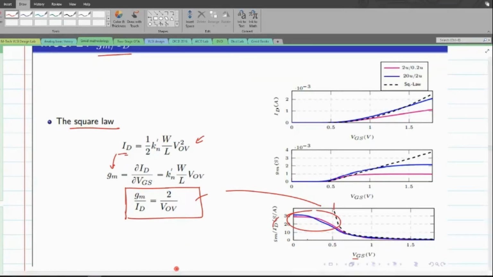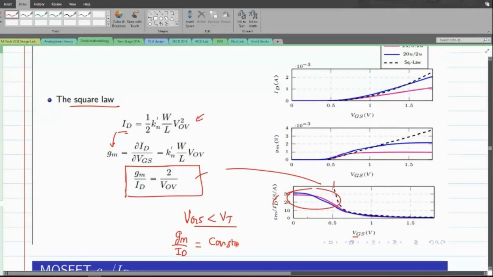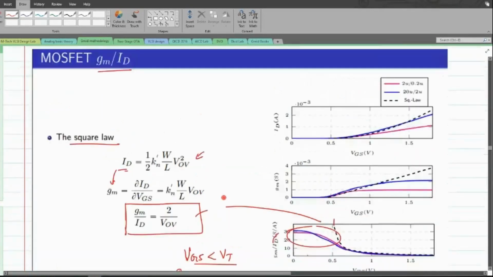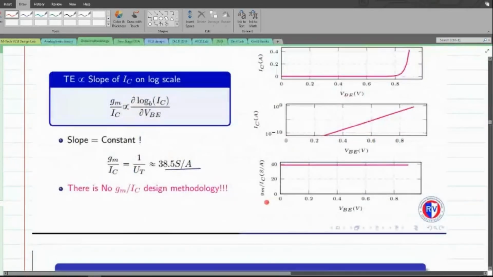Also, one more thing that we could see is that this gm over ID becomes constant. The ratio of gm over ID is constant whenever we deal with a value of VGS that is less than the value of VT. Now what does it convey? I hope that we have learned that gm over IC was constant throughout the entire region. I guess we have seen that particular plot when we discussed the BJT.